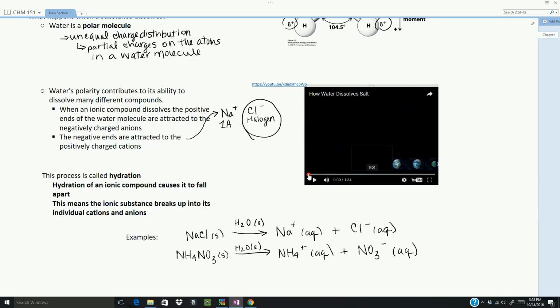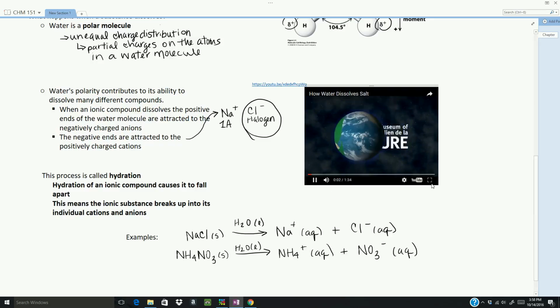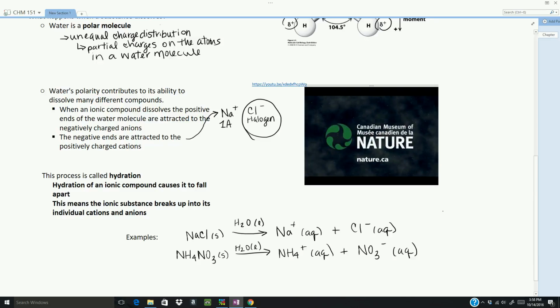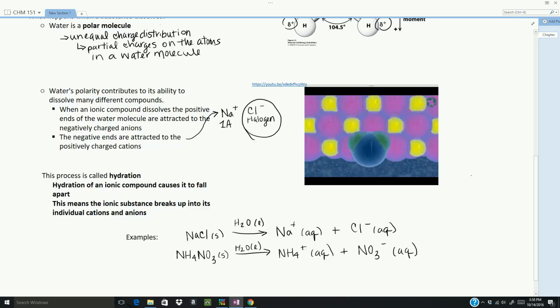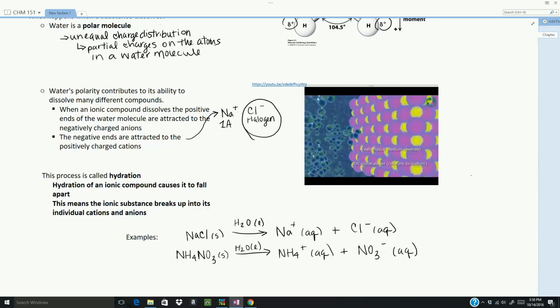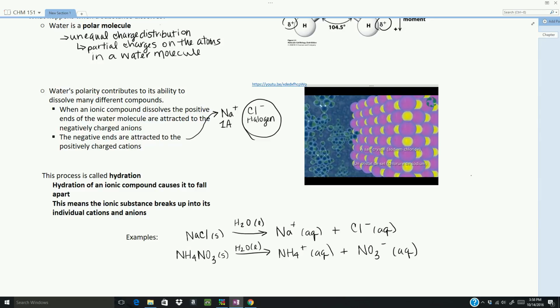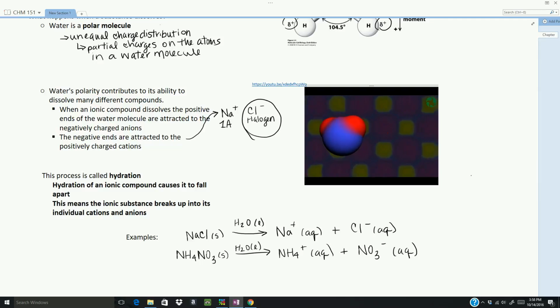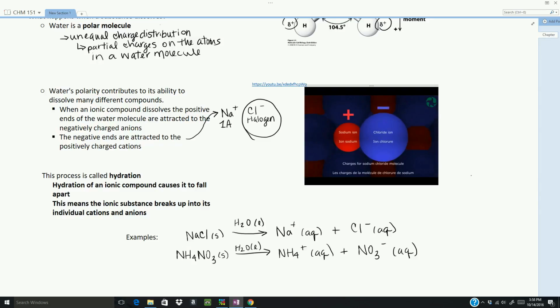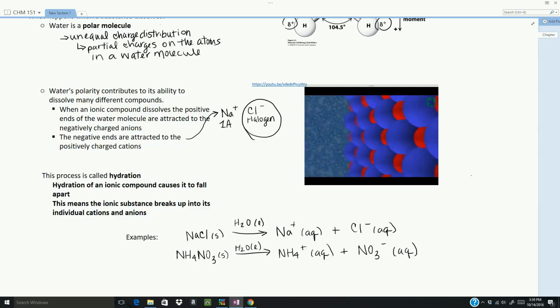Okay, this little YouTube video actually shows the process. There's no actual audio on this, and I'll post the link in Moodle. So just watch how the molecule interacts with the water. The sodium chloride molecules interact with the water. That big thing on the right side is the sodium chloride. Now it's showing you the positive end and the negative end, and the distribution of charges on the sodium chloride.